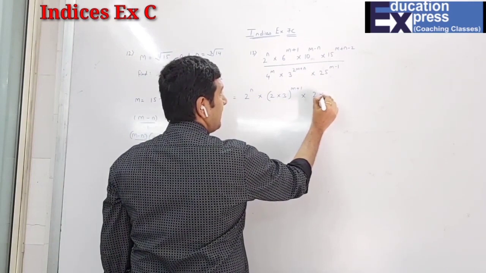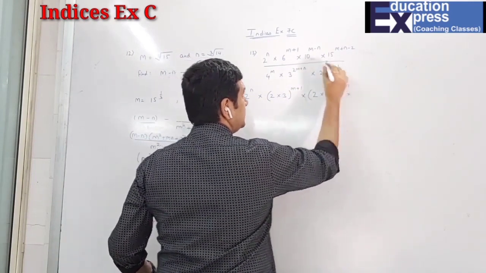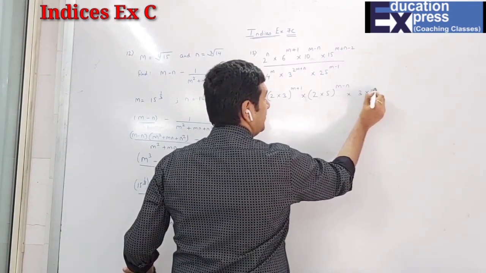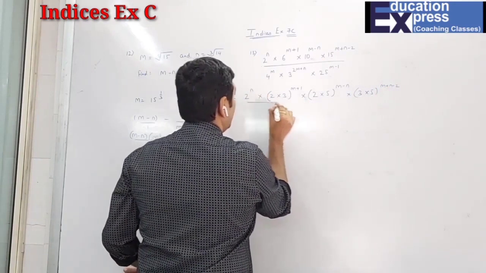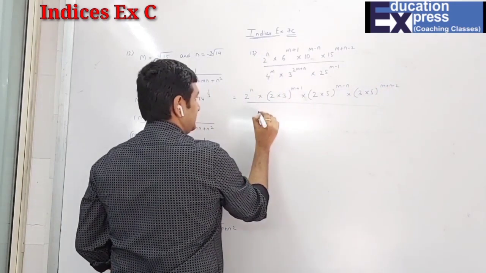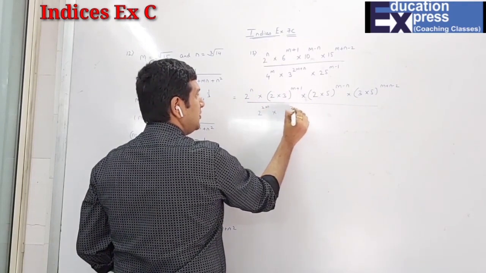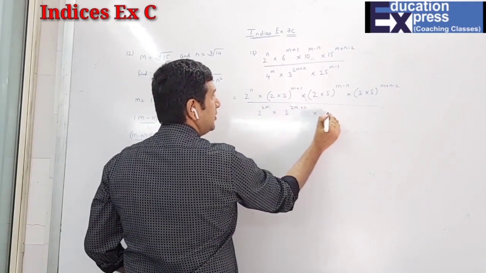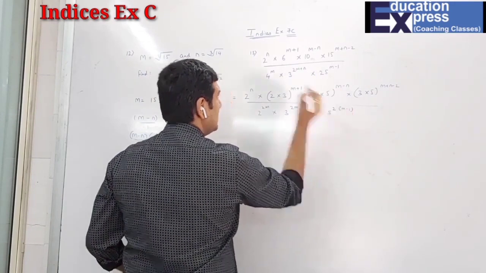Into 2 into 5 to the n minus n, into 3 into 5 bracket m plus n minus 2. This is 2 square. This is already in terms of 3, and this is already in terms of 5. Done.